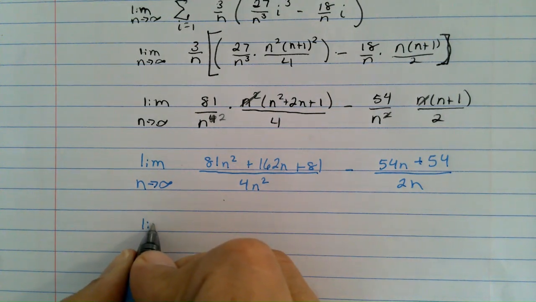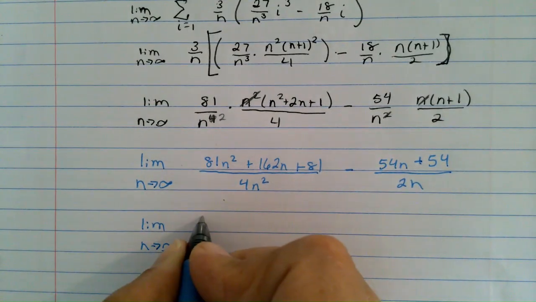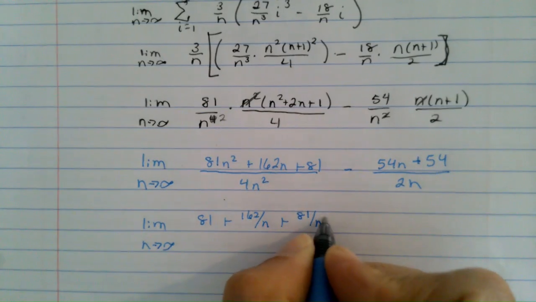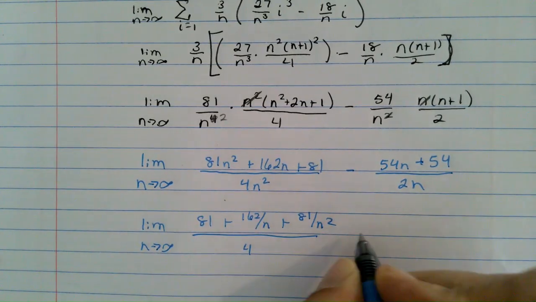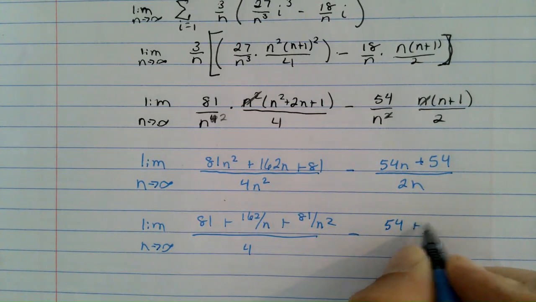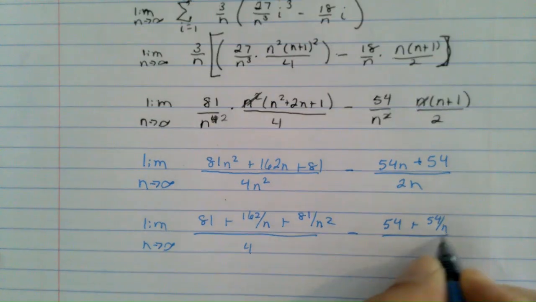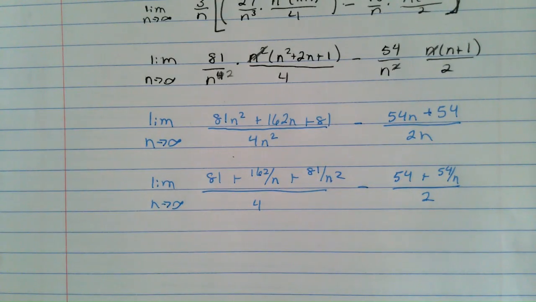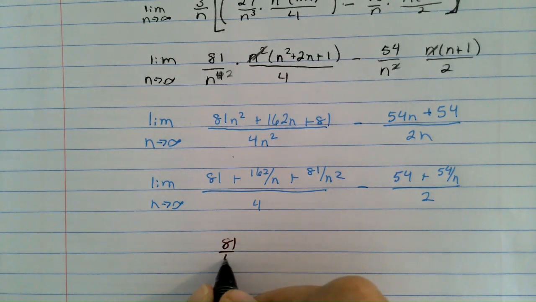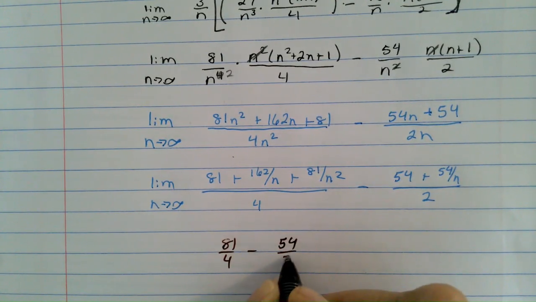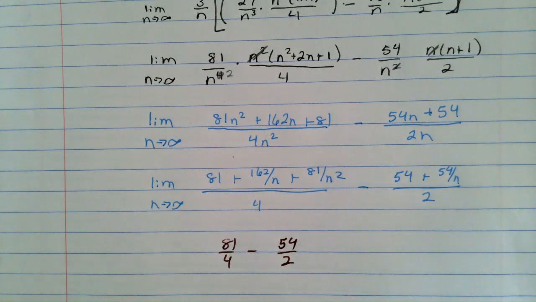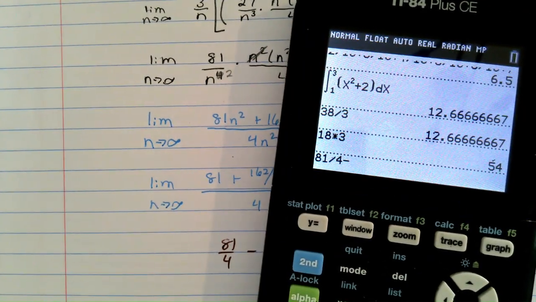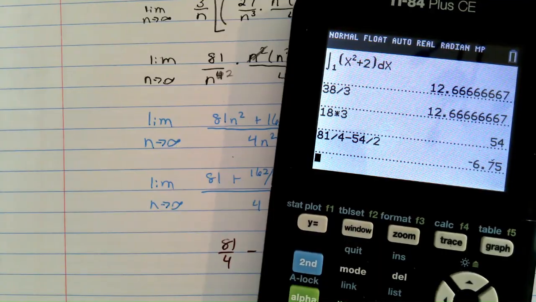So if I do my division, the limit as n approaches infinity of 81 plus 162 over n plus 81 over n squared all over 4, minus 54 plus 54 over n over 2. That would leave us with 81 fourths minus 54 halves. Negative 6.75.